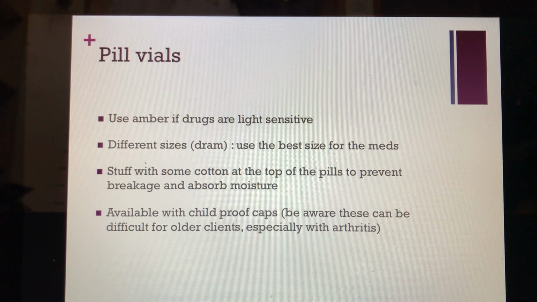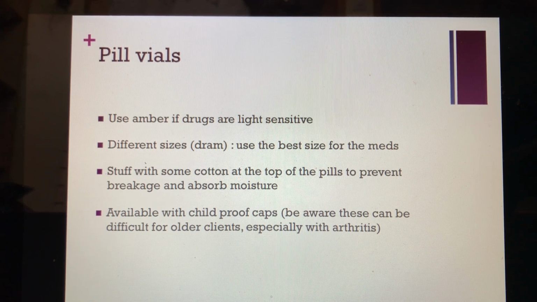So the next point there is stuff with some cotton at the top. You can prevent breakage that way by making the pills not shift around in the vial, and the cotton also absorbs moisture. Typically we don't want pills absorbing moisture from the humidity in the air, because it can damage the medication. Pill vials are available with child-proof caps.